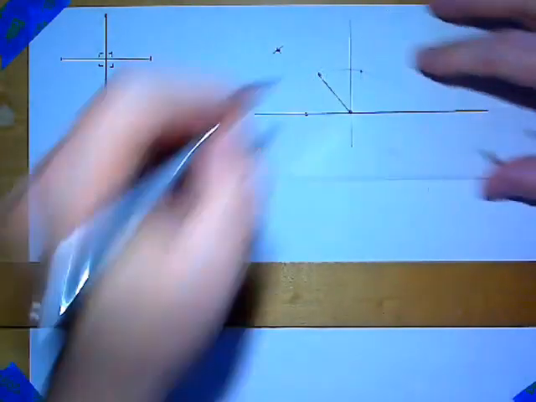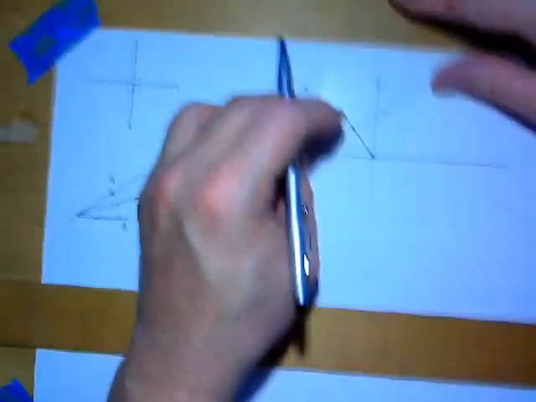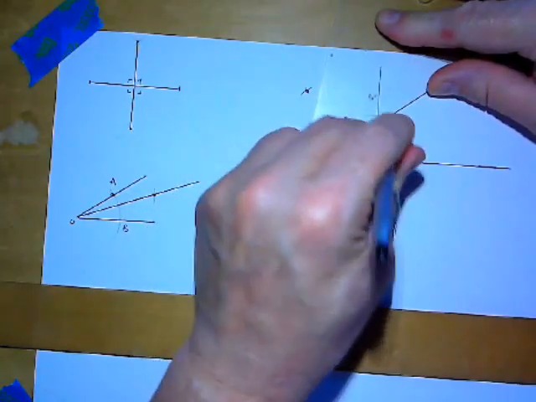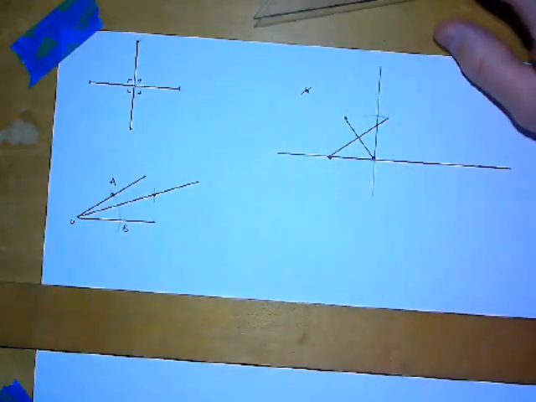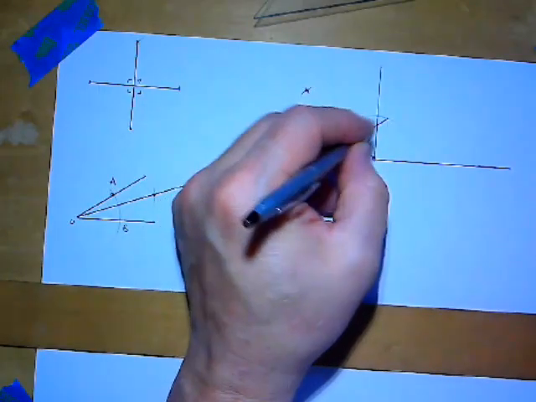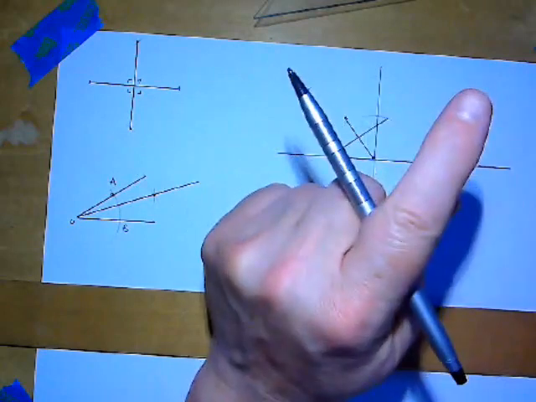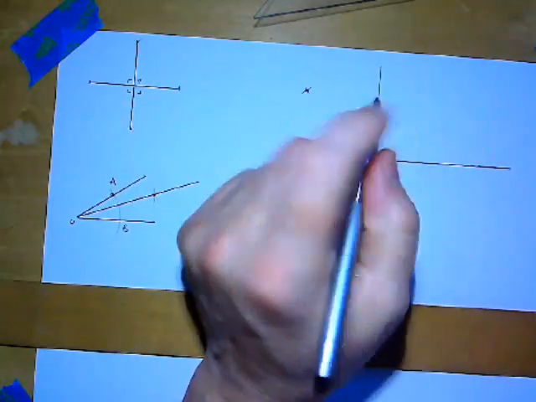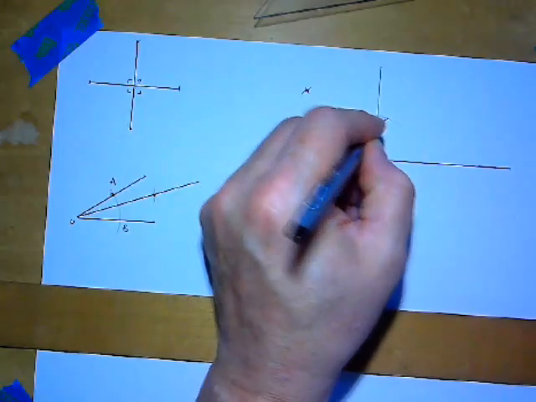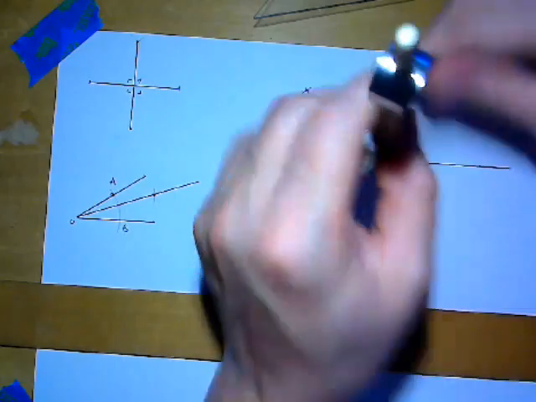So if I bisect this chord, oops, I have that. So the perpendicular bisector of a chord goes through the center of the circle. And this thing goes through the center. Oh, that's the circle right there. So there's the center.